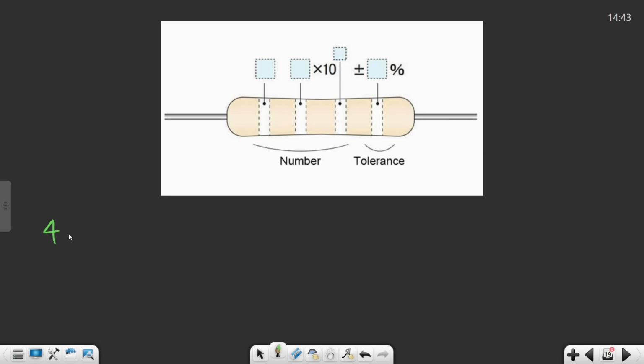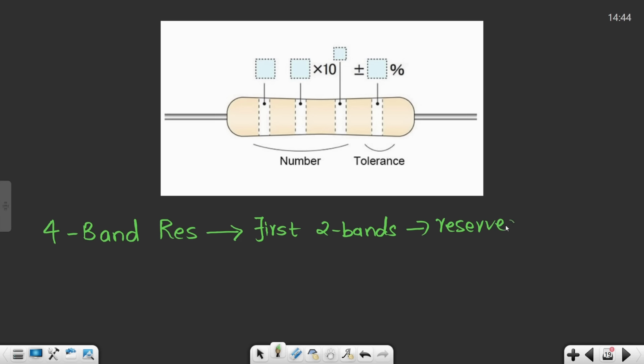For a 4 band resistor, the first two bands are reserved for digits, to write certain digits. Then the third band is my multiplier.